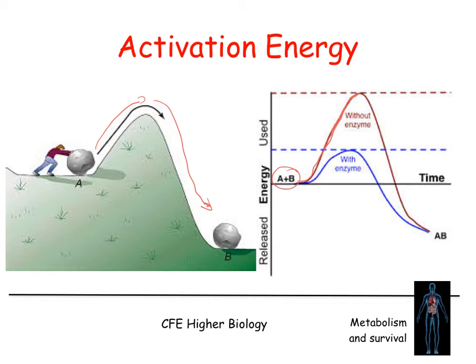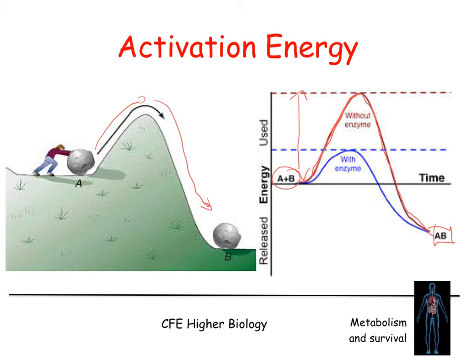So this is the energy input, and then it reaches this stage here where the reaction can then take place and you get your products, which are AB. So that is without an enzyme. So without an enzyme, the energy needed to start the reaction is this here. It's large, and that makes the reaction slow.